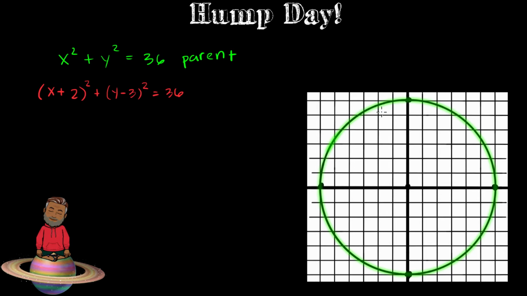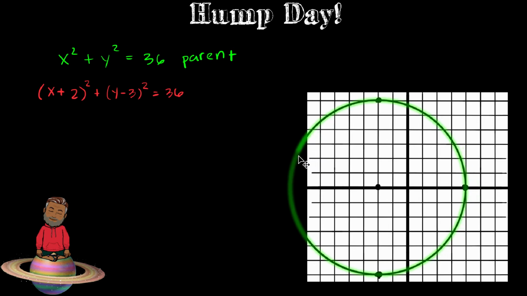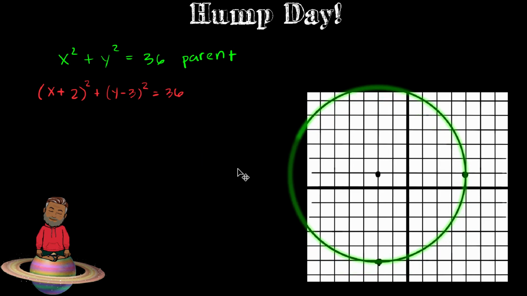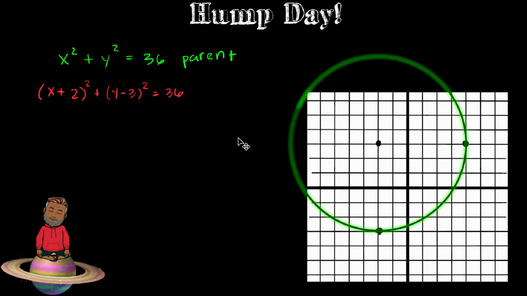Then we're just going to move our circle so that it follows those parameters. We have x plus 2, which means we're going to move 2 spaces to the left. That takes care of the x plus 2 part. And then we have y minus 3, which means we're going to go up 1, 2, and 3. And very easily we can graph the circle by just moving the parent graph.